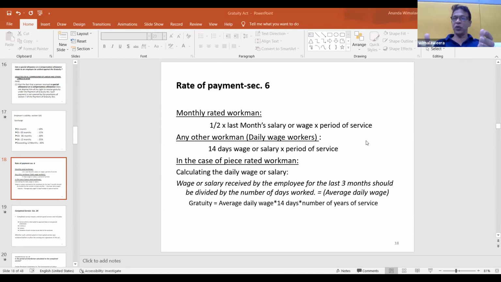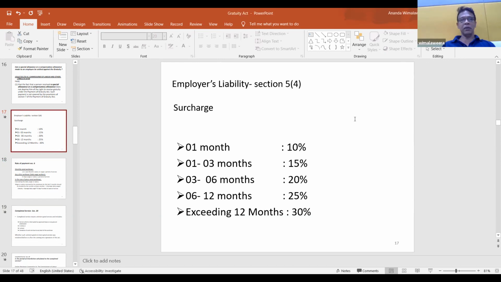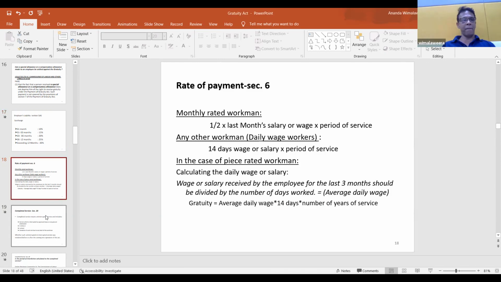I have captured the main components, everything important from the legislation, and I'm teaching you. These are not from textbooks. These are from the legislation. Okay? And you learned the surcharge as well, no? This part? I hope so.